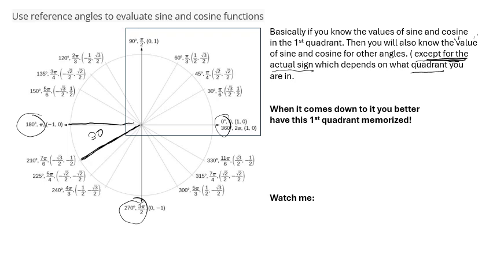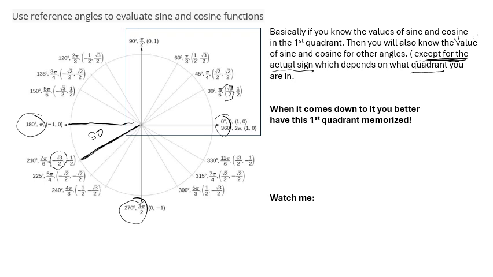Notice that for 30 degrees, cosine is the square root of 3 over 2, but over here, cosine is negative square root of 3 over 2. Why? Because we're in the third quadrant. In the third quadrant, x is negative, so cosine is negative.